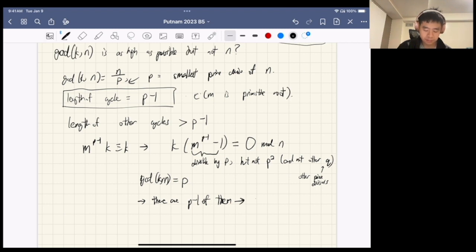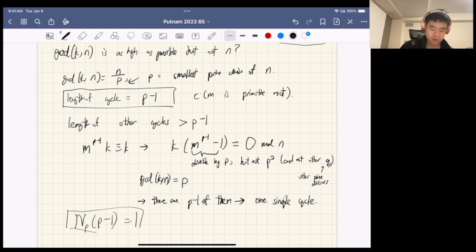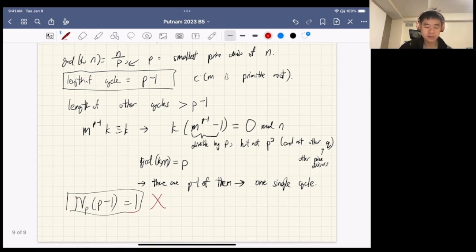So this will form its own cycle. That means that there is exactly one cycle of length p minus 1. So this already gives a counterexample. All right, so that means that odd numbers greater than 1 cannot work.